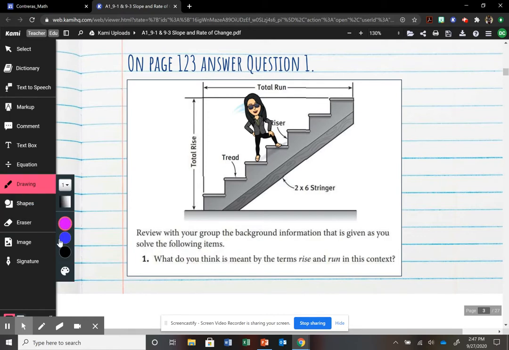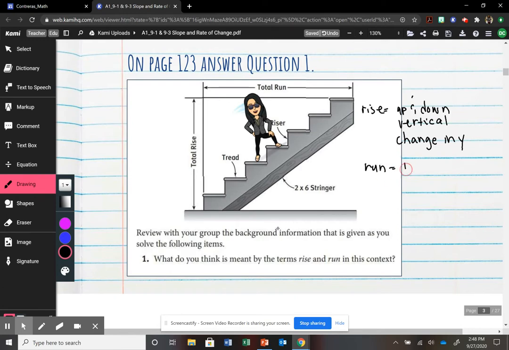Okay, so when we were in class, we had a lot of good suggestions, such as rise is the up and down, right? That was one. The rise is the vertical, and it was also the change in y. Okay, and then we had a lot of good examples for run.